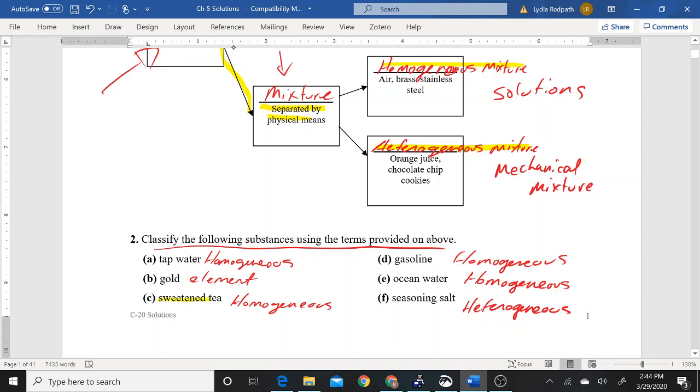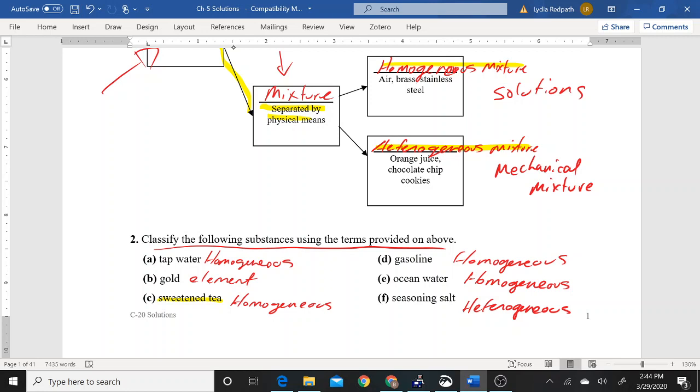We've got sweetened tea, so the fact that it's sweetened tells us that there's sugar in it. Sugar would mean it would be a homogeneous mixture. Gasoline, this one might have been a little bit harder. We learned in previous units gasoline was mostly octane, and if it was pure octane, then it would actually be a compound.